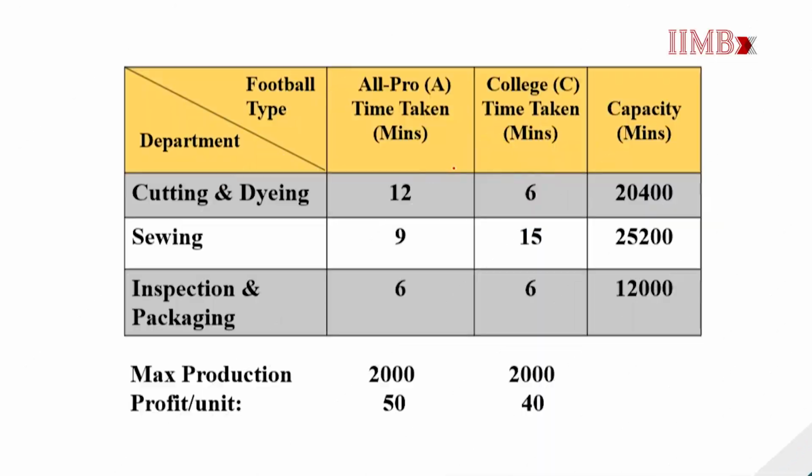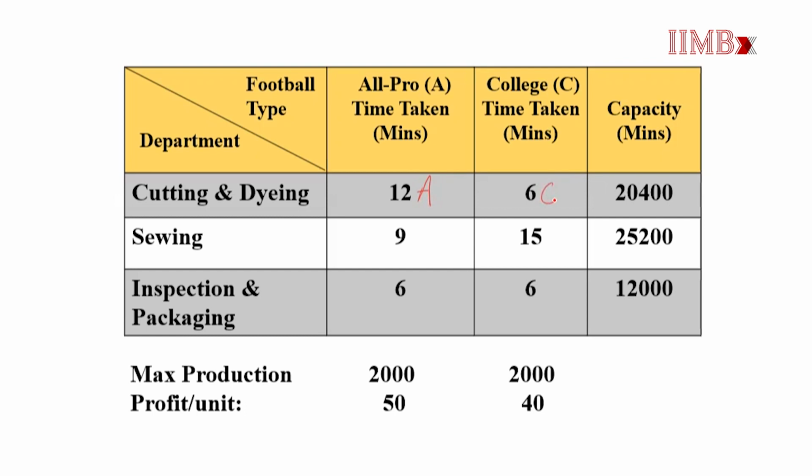So let's write that down. Each All-Pro football takes 12 minutes, and therefore A All-Pro footballs will take 12A minutes. Similarly, each college football takes 6 minutes, and therefore C college footballs will take 6C minutes.